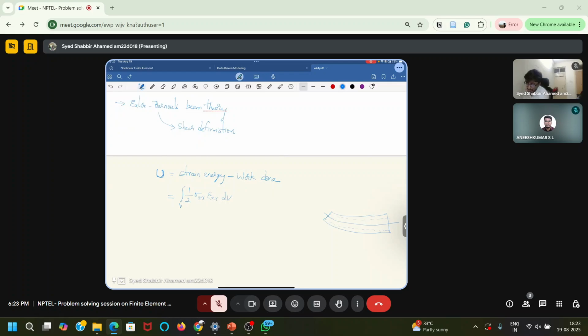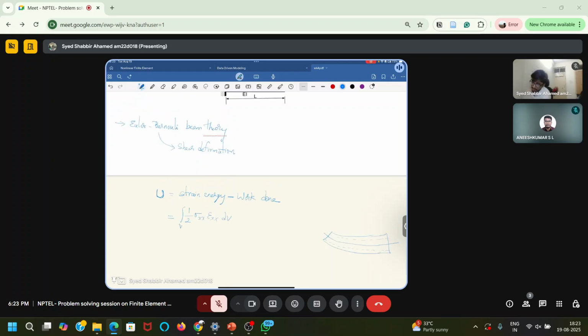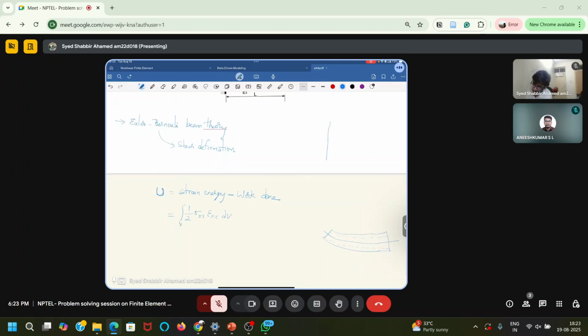So stress and strain. Like you know strain energy, if you have some kind of structure with a stress-strain relation like this, the area under this will give the strain energy per unit volume. And if I want the strain energy over the whole volume, I will take the integral of it.